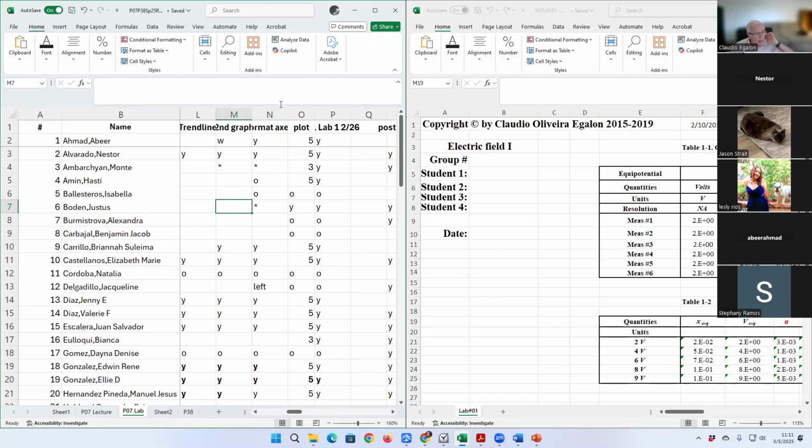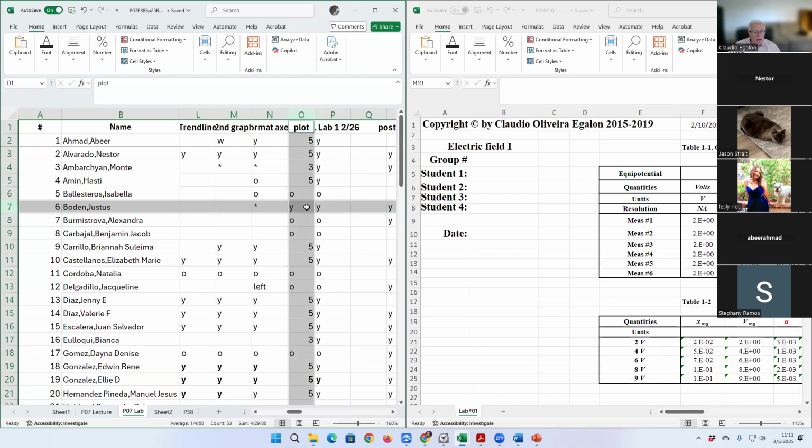Okay, just type in the chat box, Justus. I want to know if you formatted the axis. No, wait a minute. The first thing is if you plotted all the five equipotentials. Did you do that, Justus? Just type there in the chat window, just say yes or no. Did you plot all the 5 equipotentials?